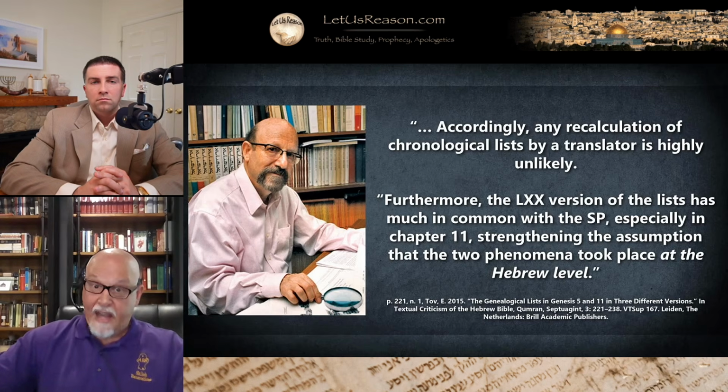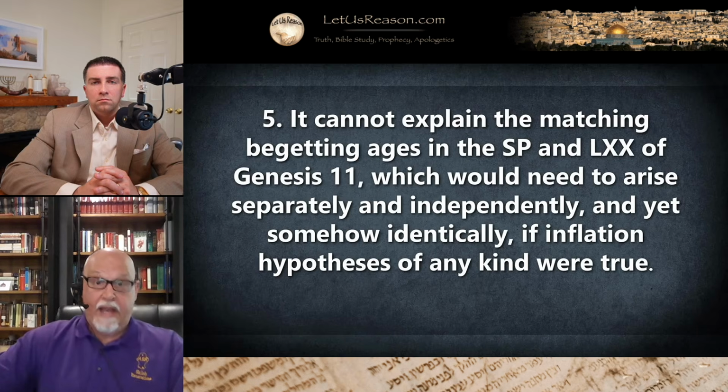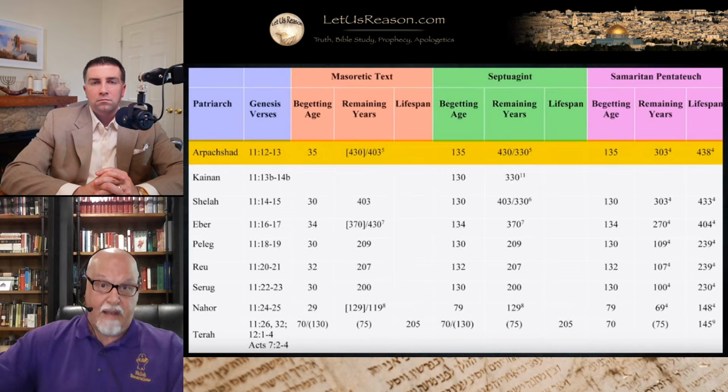And that puts us back to 280 BC. That's pretty far, pretty early as far as the evidence goes. And again, here I mentioned that in Genesis 11, the Samaritan Pentateuch and the Greek text match each other. And you can see that here. Just for the beginning ages, we can see how they match one another down the line for the most part. Okay, just to illustrate that for our audience.